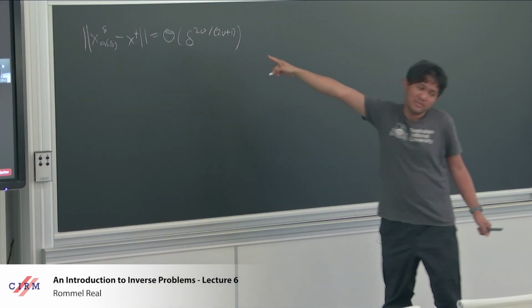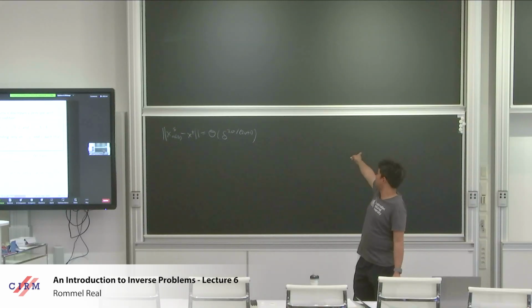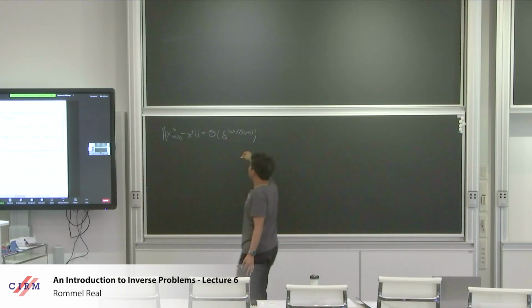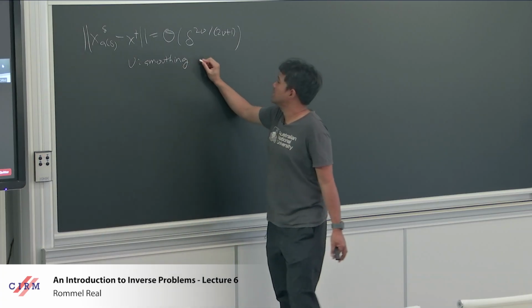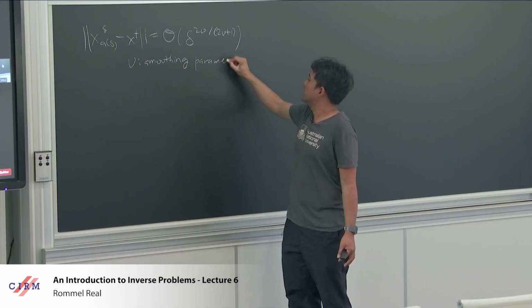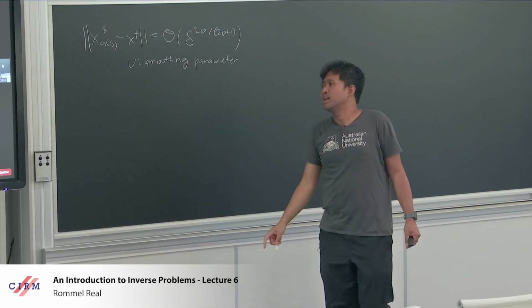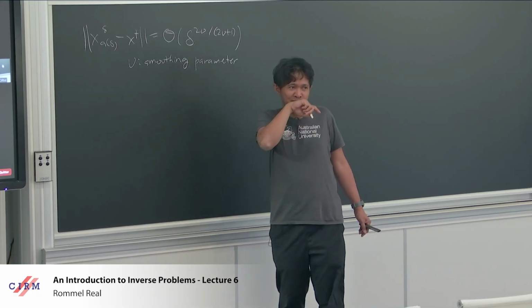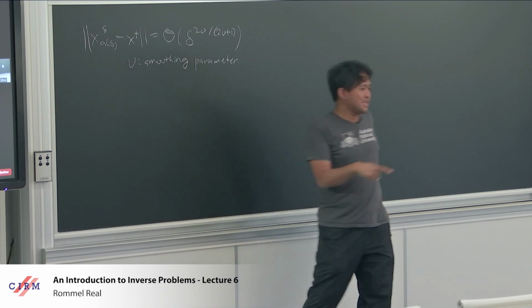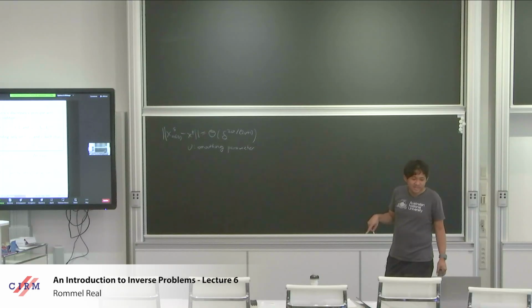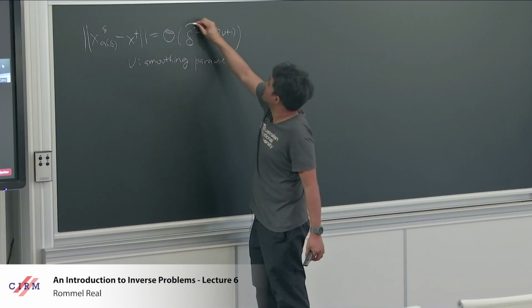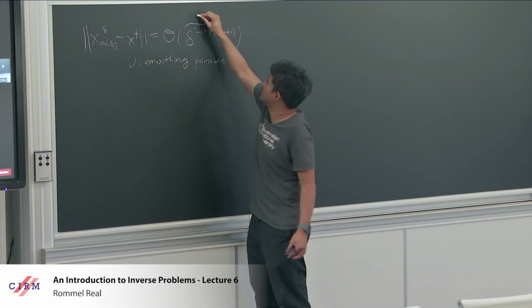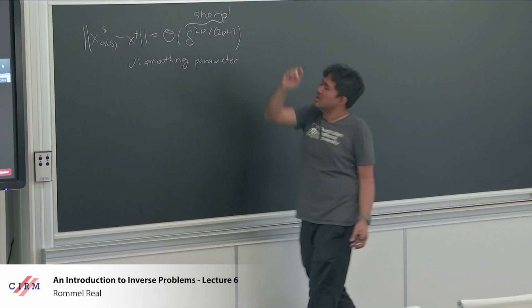For Tikhonov regularization, the nu there is a smoothing parameter. This is also detailed in the lecture notes, in the reference by Engl, Hanke, and Neubauer. This error bound, which is related to the convergence rate, is a sharp error bound.